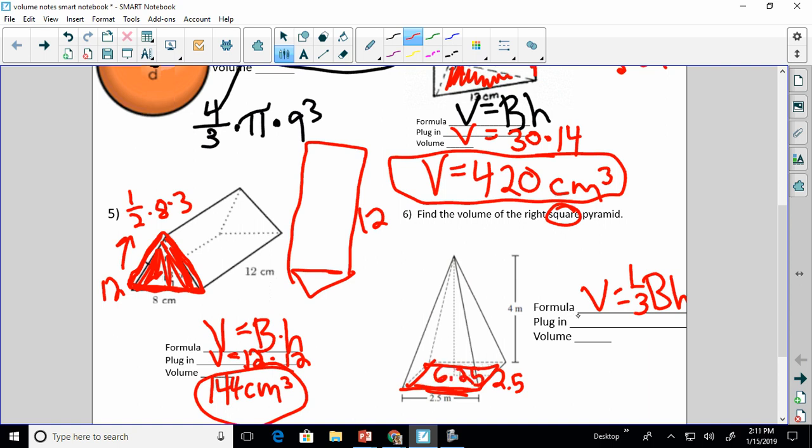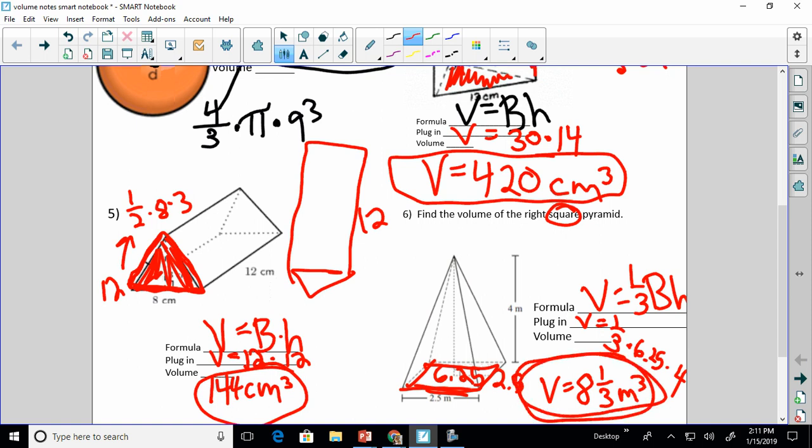To do the volume, I'm going to do 1/3 times 6.25 times the height of the whole thing, which is 4. So 1/3 times 6.25 times 4 would give me a volume of 8 1/3 meters cubed, or 8.3333, repeating, which is actually 1/3.